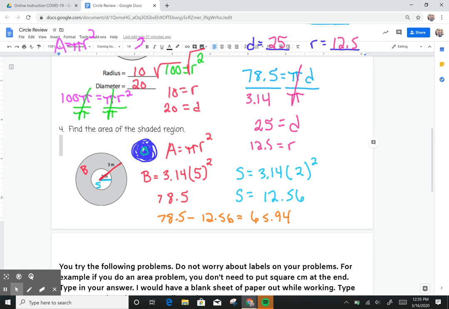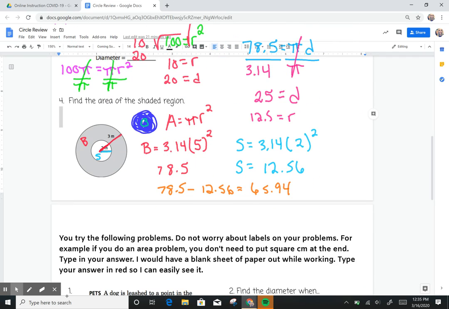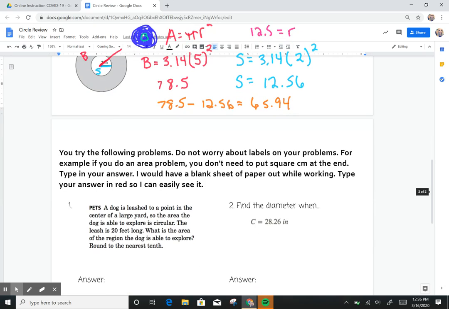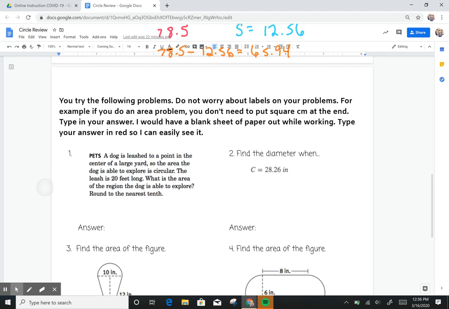So if you have questions on any of that, you should have been working that out with me. Extra practice: you're going to have some problems where you're going to work by yourself. Since it's going to be hard to show work, all I want right here is for you to fill in your answers, and then you're going to submit that back to me. It's an assignment on Google Classroom.